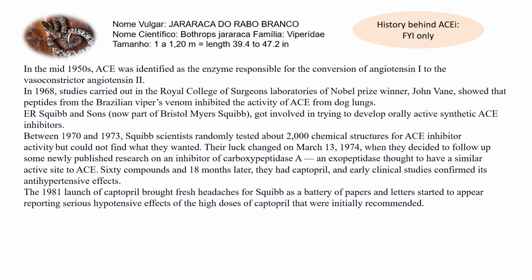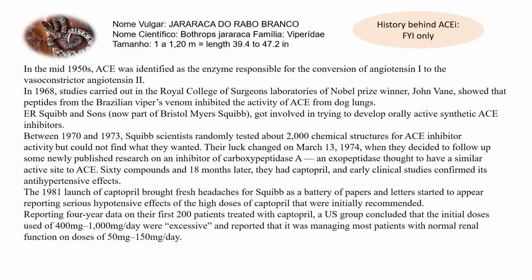The 1981 launch of captopril brought fresh headaches for Squibb, as a battery of papers and letters started to appear reporting serious hypotensive effects of the high doses of captopril that were initially recommended.